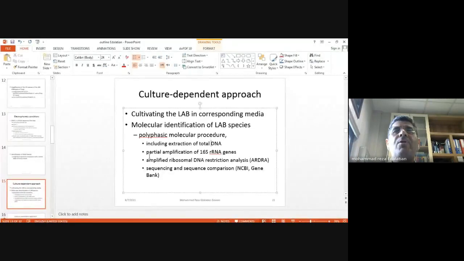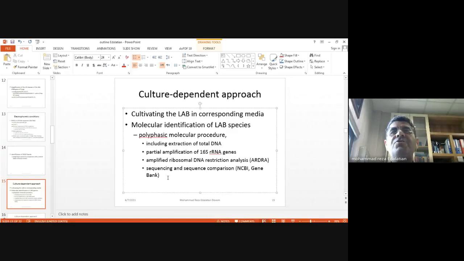After that, partial amplification of 16S rRNA genes. In the third step, we have amplified ribosomal DNA restriction analysis, or ARDRA. And finally, we have sequencing and sequence comparison with databases. As you know, we have some databases in bioinformatics like NCBI or GenBank.